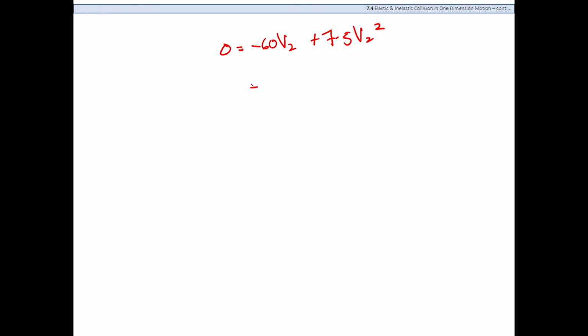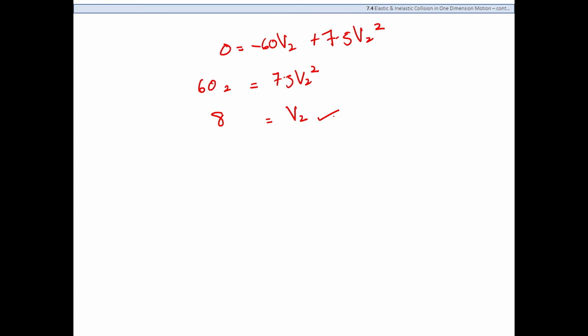We put it on one side, so 60 v2 equals 7.5 v2 squared, and then we get v2 equals 8. So v2 is 8.